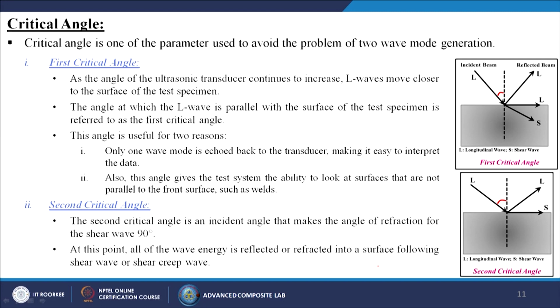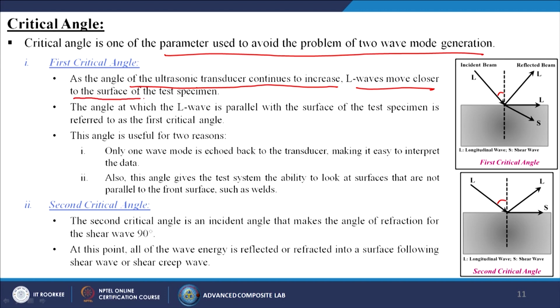Now, come to the critical angle. The critical angle is one of the parameters used to avoid the problem of two wave mode generation. First is called the first critical angle. As the angle of the ultrasonic transducer continues to increase, L waves move closer to the surface of the test specimen. The angle at which the L wave is parallel with the surface of the test specimen is referred to as the first critical angle.